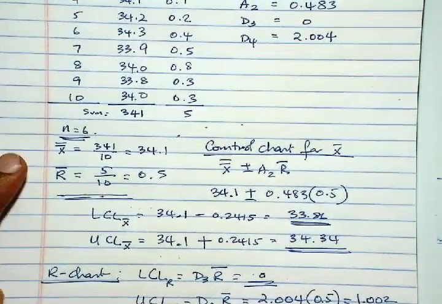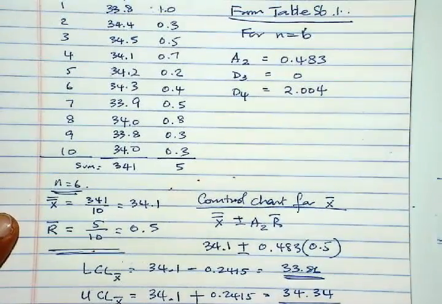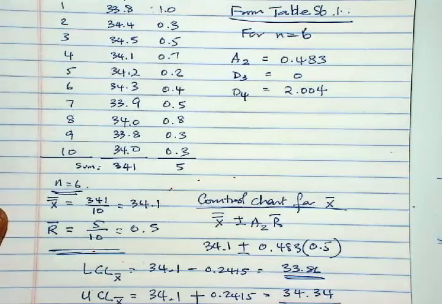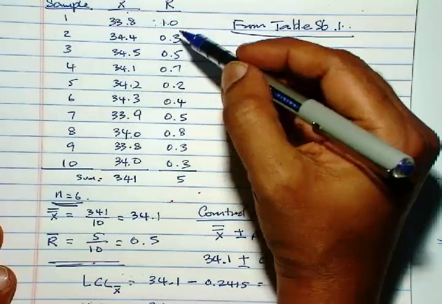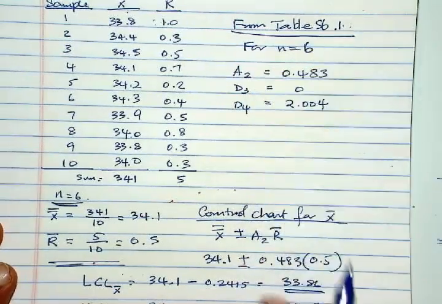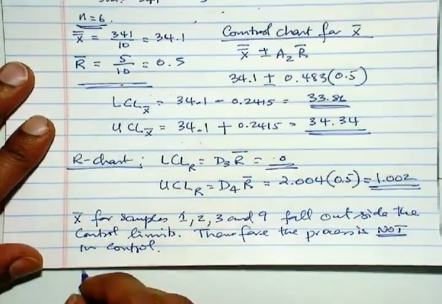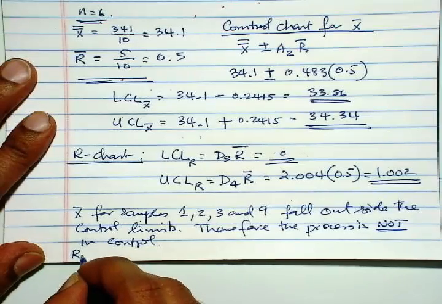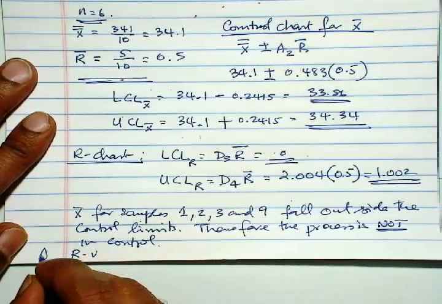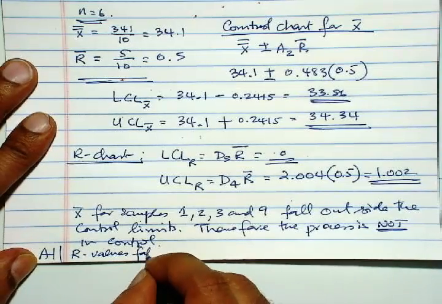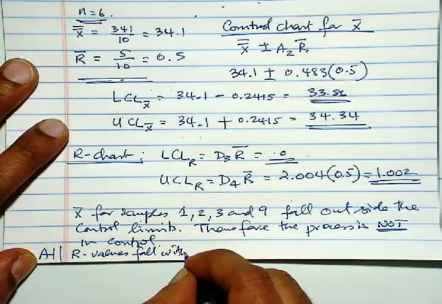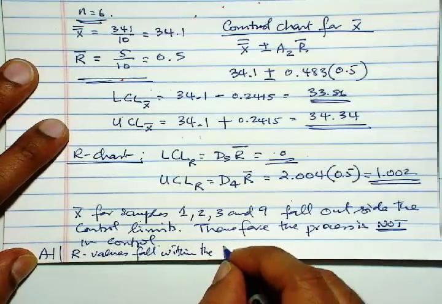Now let's look at the range. Now the range limits are 0 to 1.002 and they all fall within the control limits. Okay. All values fall within the control limits.